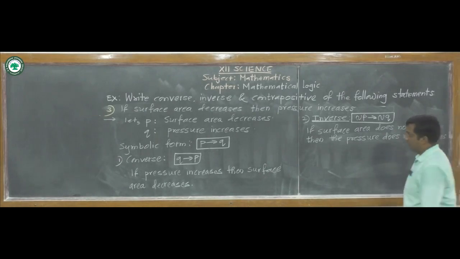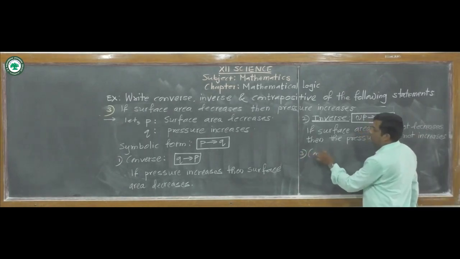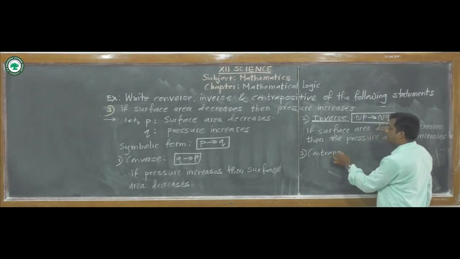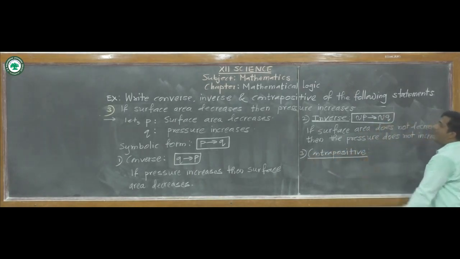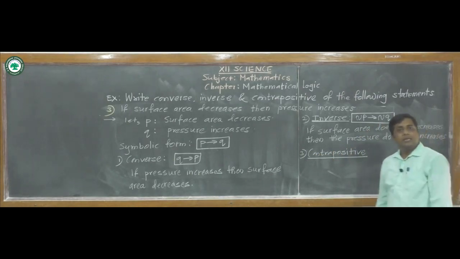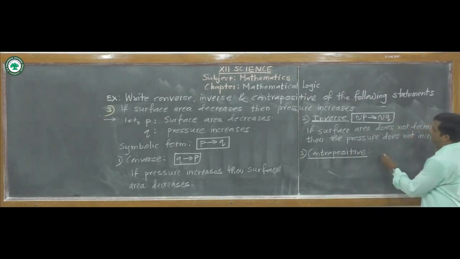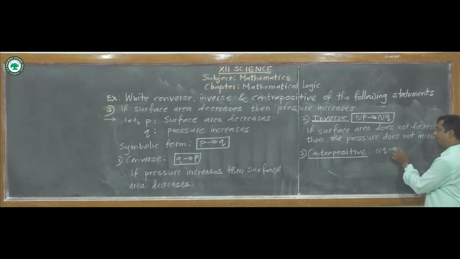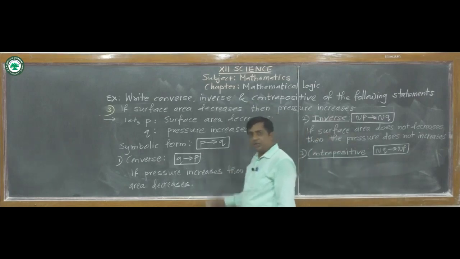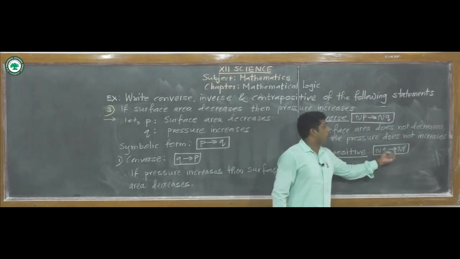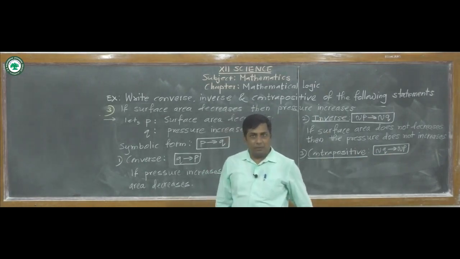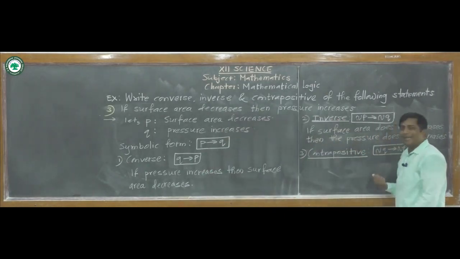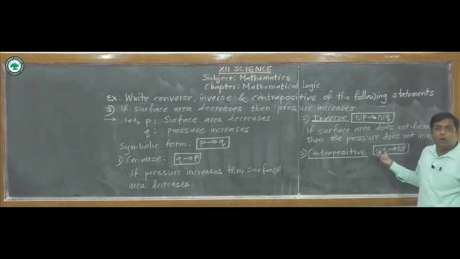And in third, we define the contrapositive. In that we consider the relation negation of Q implies negation of P. Remember this: if P implies Q is the given relation, then negation of Q implies negation of P is for the contrapositive. So we consider the negation of Q first.